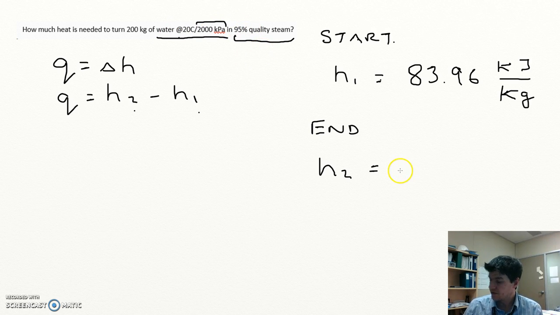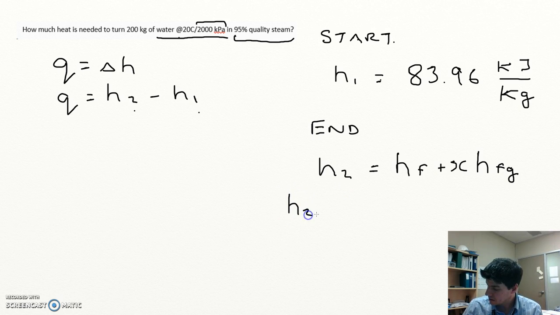So if I go to my tables, I'm going to need to know a few things, because my H value in a mixture inside of the dome is going to be represented by the equation HF plus X times HFG. So I'm going to need to find a few things.